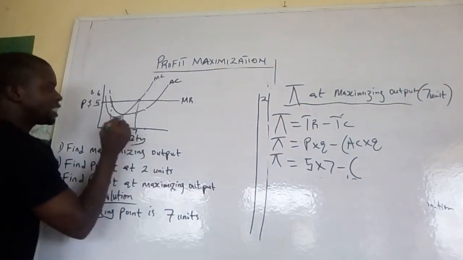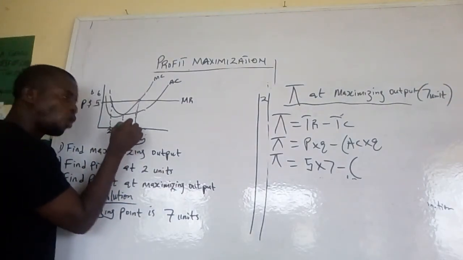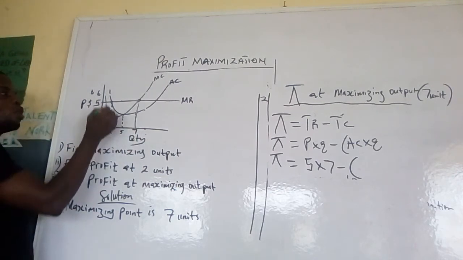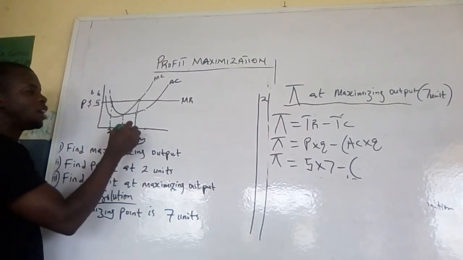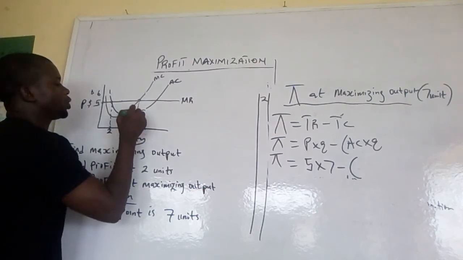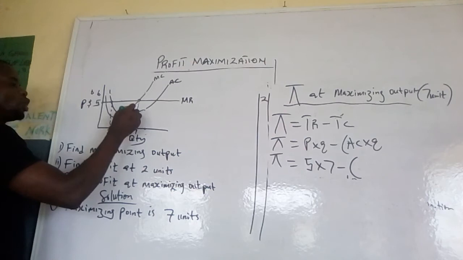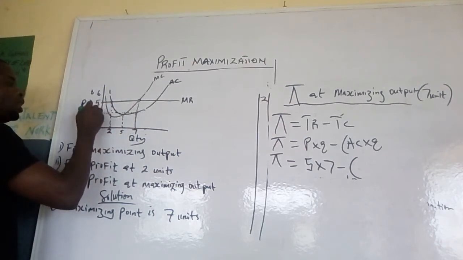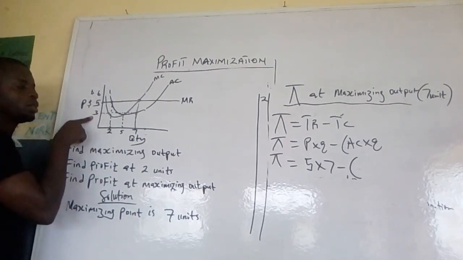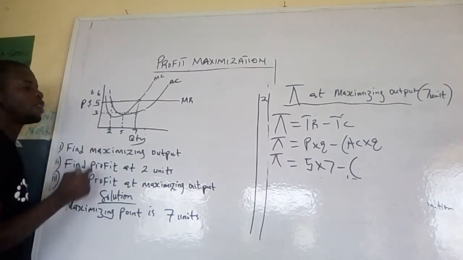Anytime you are looking for average cost, just come to the unit you are working on, which is 7. When we were dealing with 2, we started from 2 and moved upward. But we are dealing with 7 now, so we start from 7 and move upward to cut average cost. From here we trace it out, which will be $3. It means that we are using $3 to produce here, and we are selling it for $5.